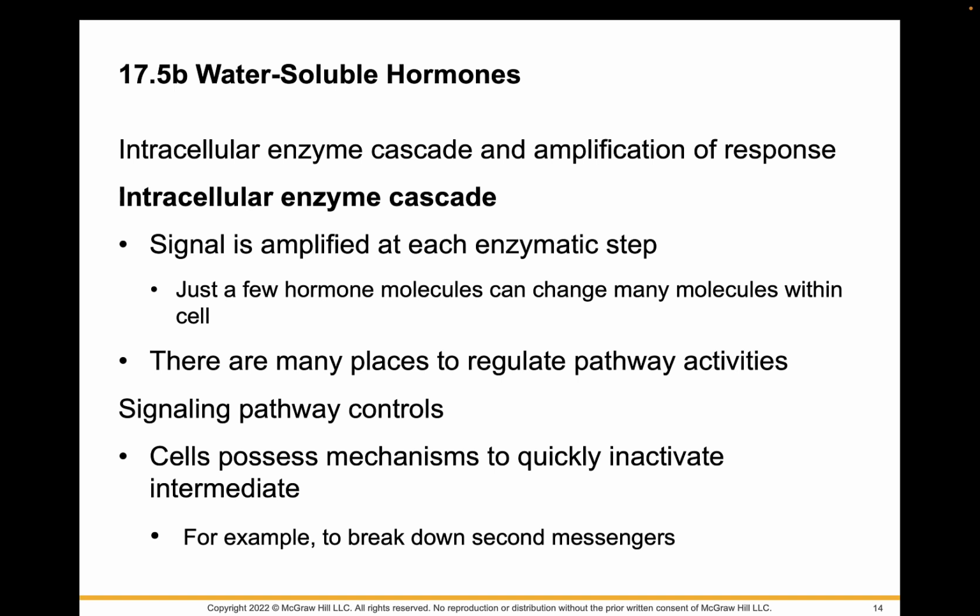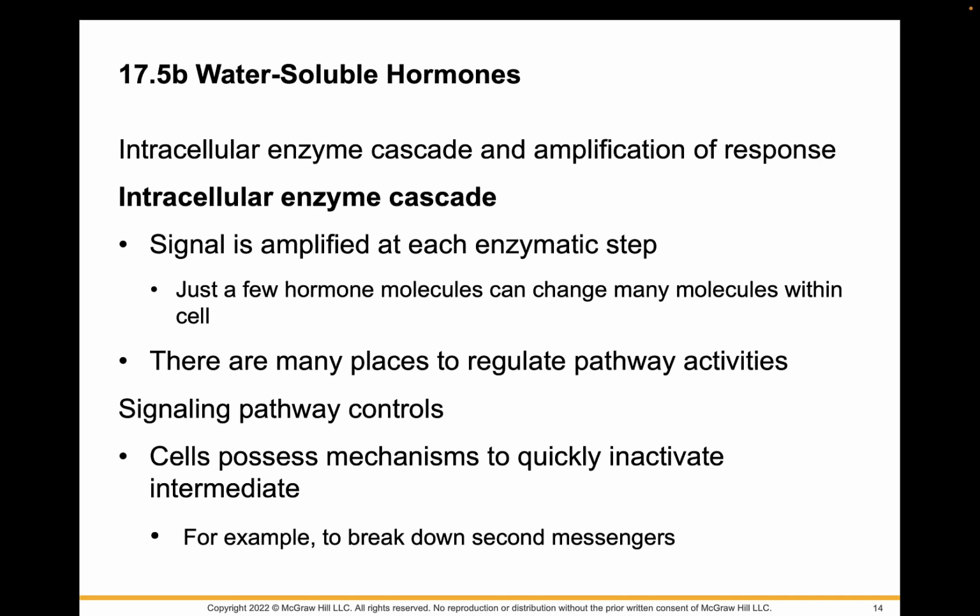Now, as we've talked about before, generally what we're going to see is an intracellular enzymatic cascade. And what this means here is that a signal is amplified at each enzymatic step. So what this means is just a few molecules of a hormone can significantly change many molecules within the cell.